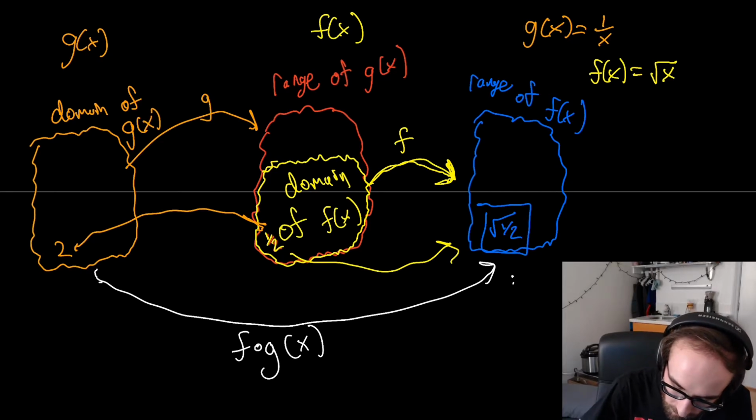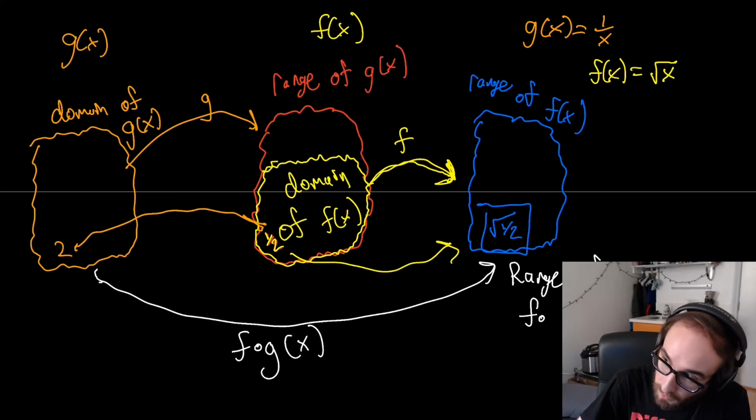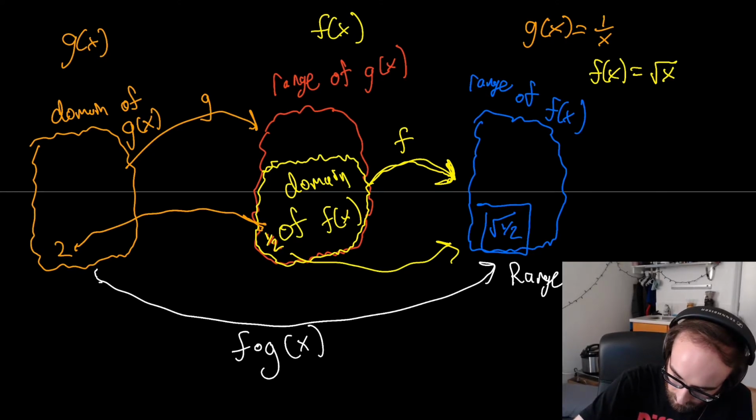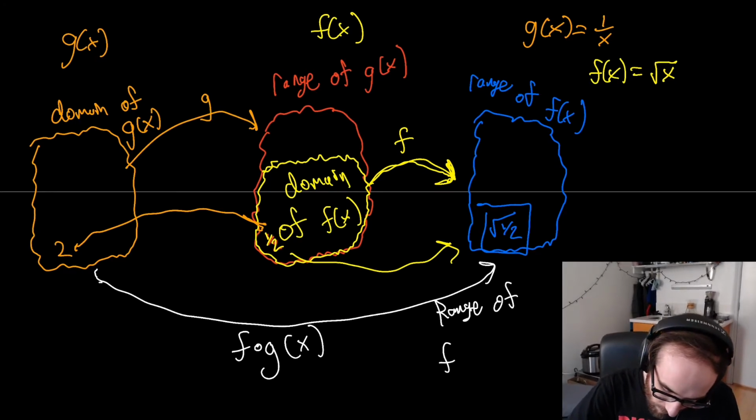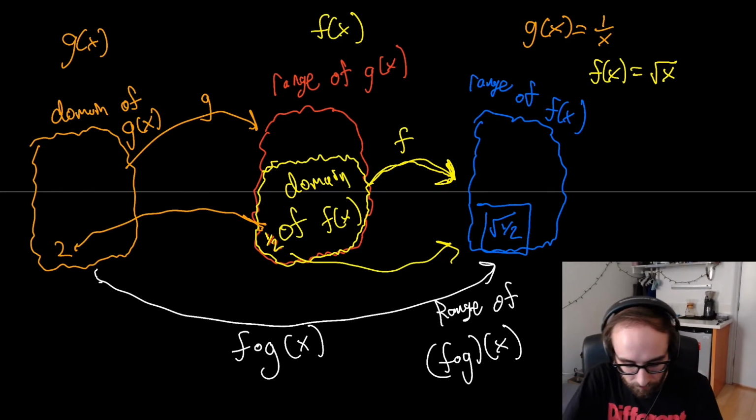And so this right here is our range of f of g of x. Let me write that somewhere we can see it. Range of f of g of x.